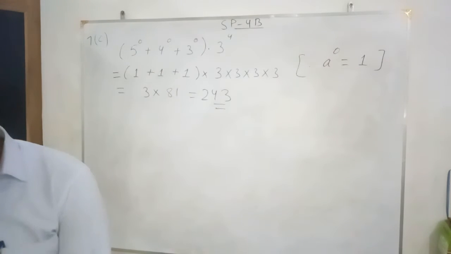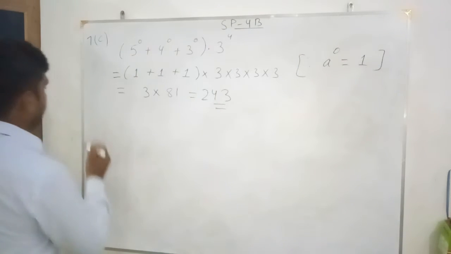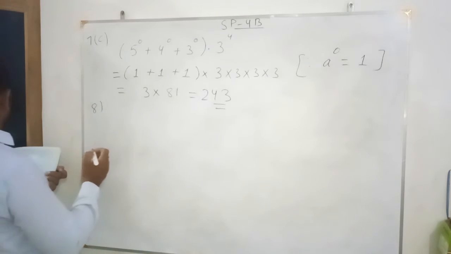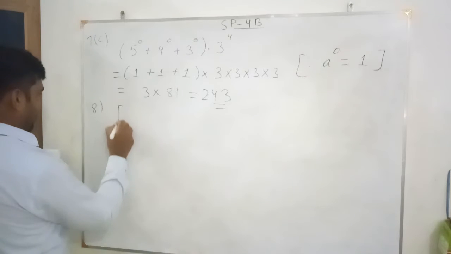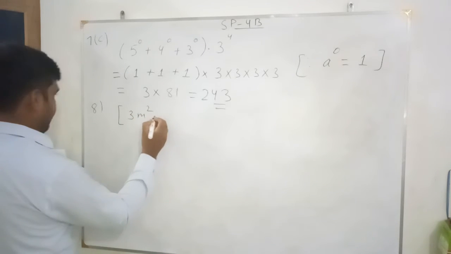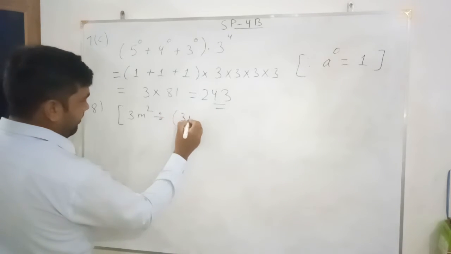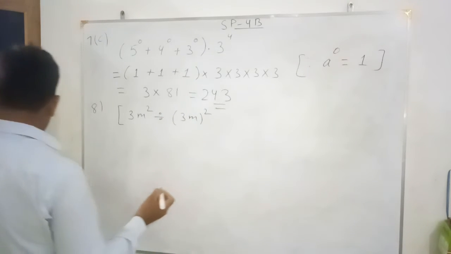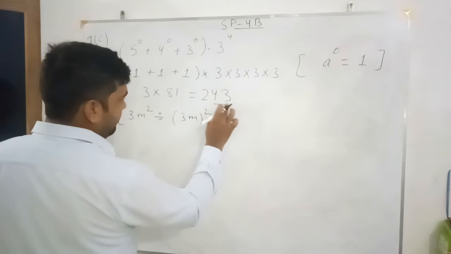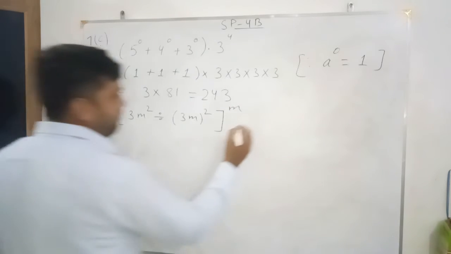Now question number 8. So we have got this 7th C answer 243. Question number 8. The value is given, if 3m square divided by 3m whole square, and whole to the power m, equals 1 by 81.